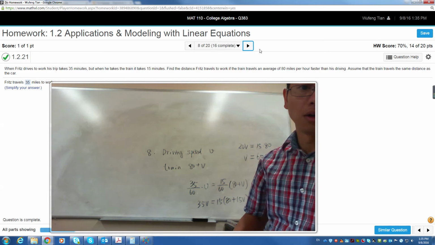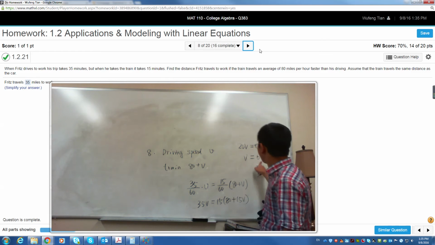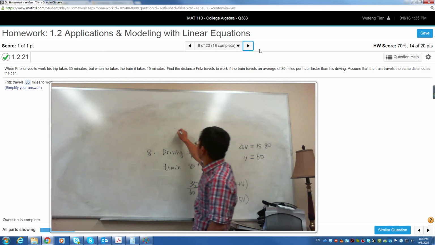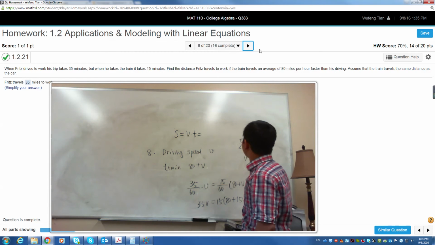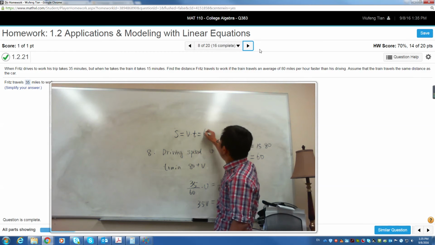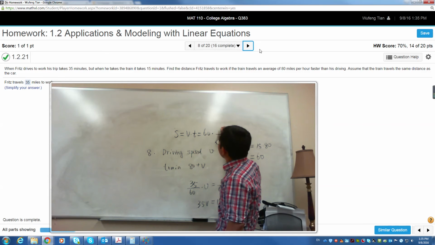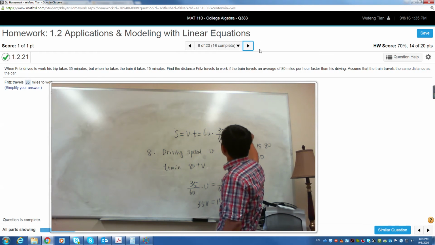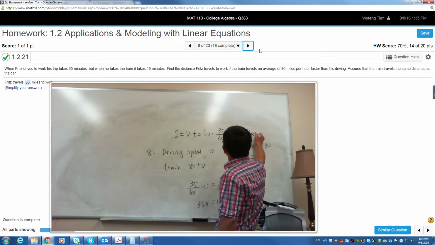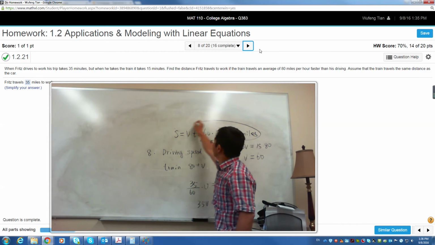Then you have to find the distance. Distance equals velocity times t, so 60 miles per hour times 35 minutes over 60 minutes, the 60s cancel out, is 35 miles. This is how to do it.